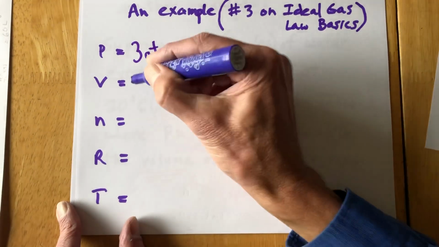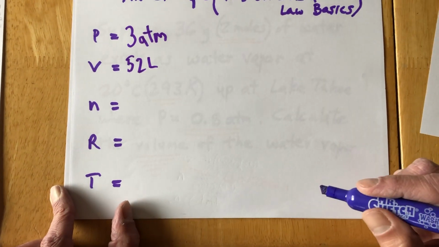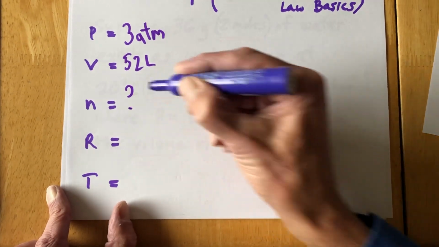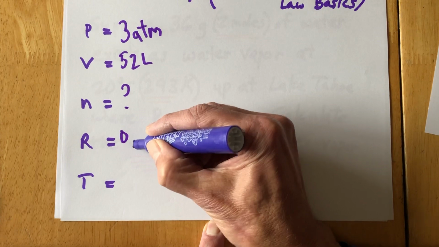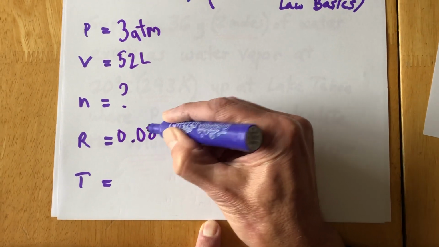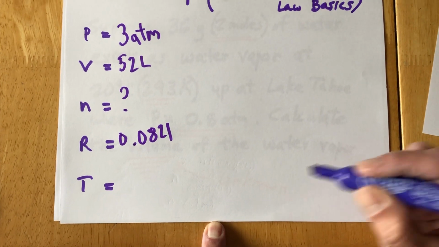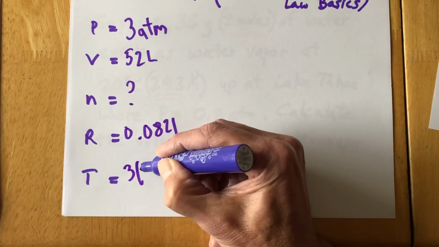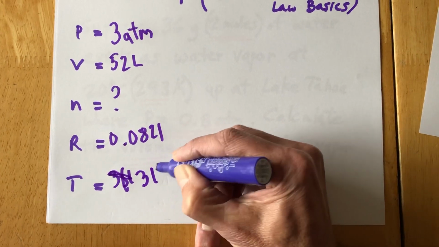V is 52 liters. n is what we're looking for. R is 0.0821, like it always is. And the temperature in number 3 is 313 K.